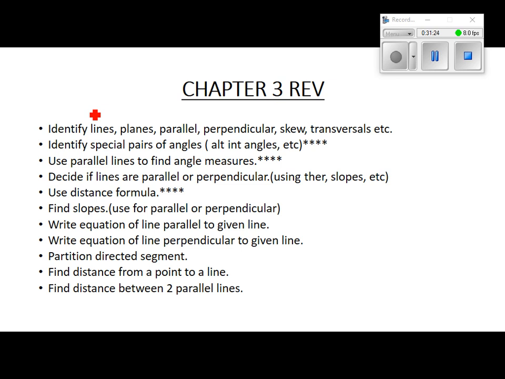I don't want you to be mad at me. Will the formulas stay up there for the test? Yeah, unless I get all excited and decide to erase them.